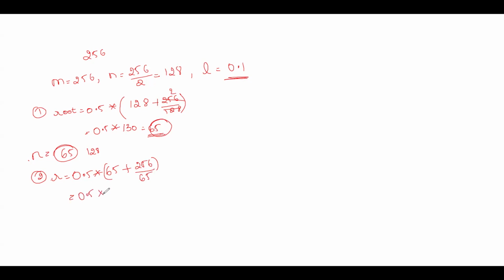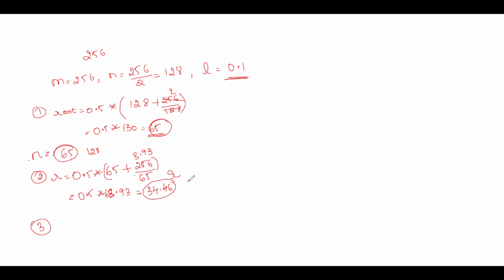When I calculate all this, I will get the value 3.93. 3.93 plus 65 will give me 68.93. So 68.93 into 0.5 will give me 34.46. This is the root value. And what is my n value? The n value is 65. Once again, there is a huge difference. Hence, for the third iteration, I will change the value of n.